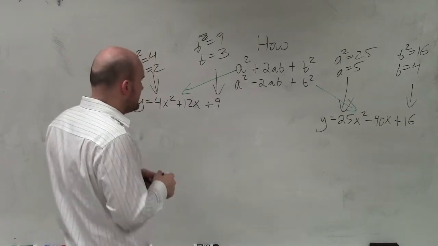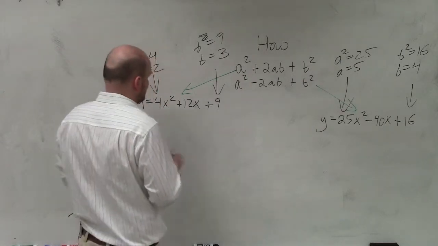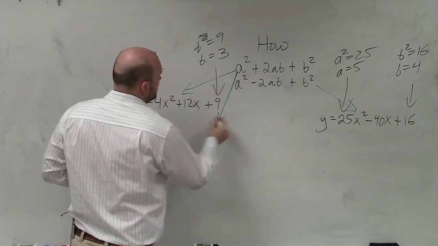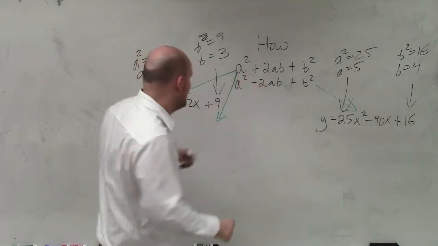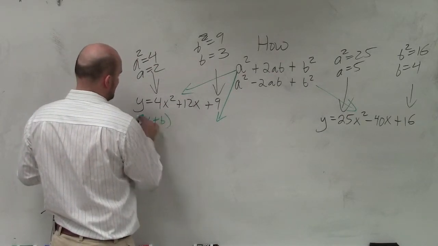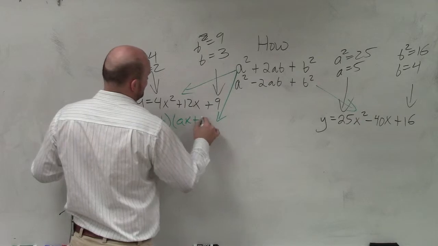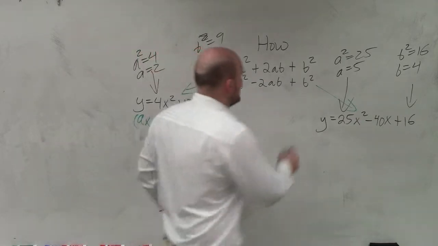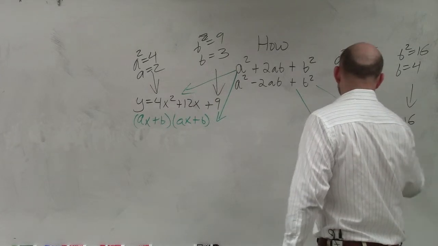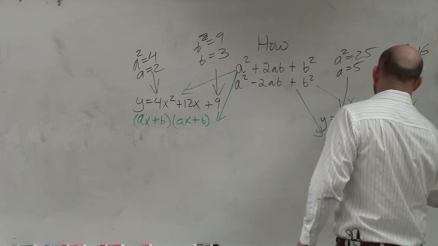Now, when you have a perfect square trinomial that is addition, it is basically just ax plus b times ax plus b. When it's negative, it's ax minus b times ax minus b.